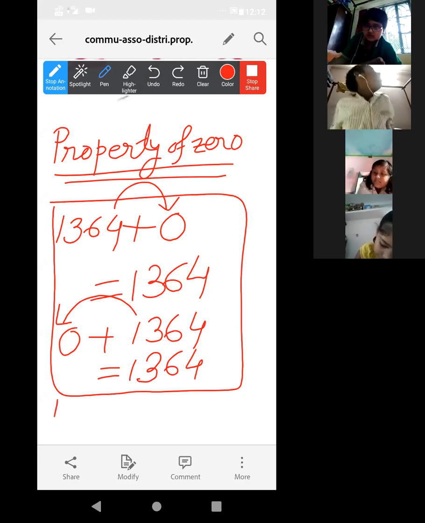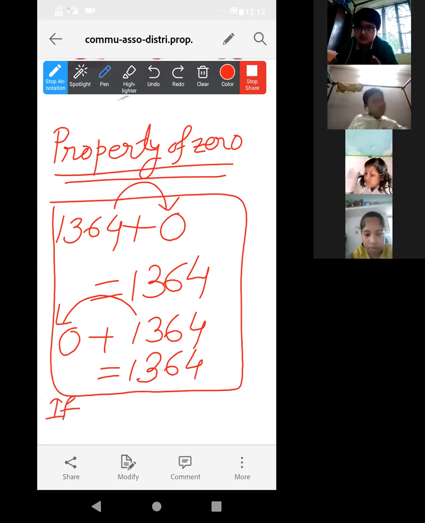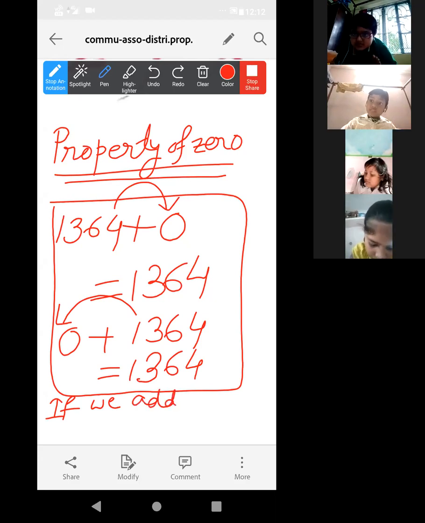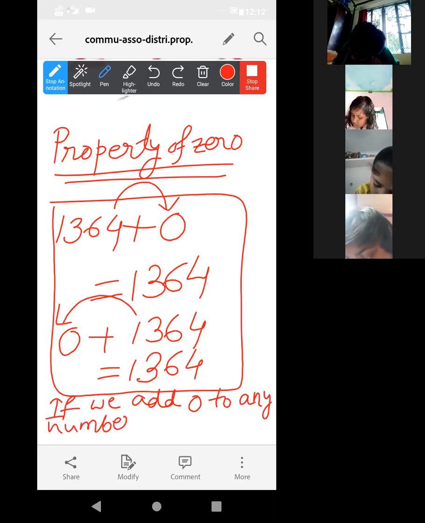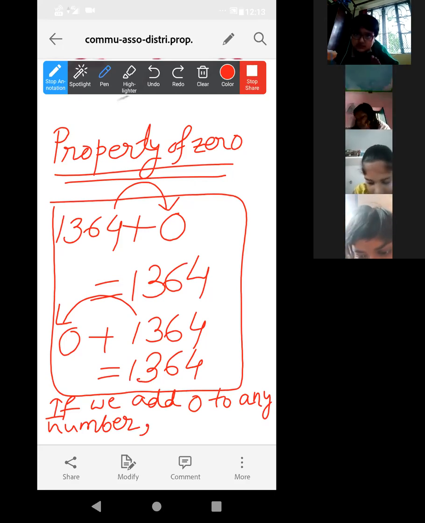After that, write: if we add 0 to any number, then the resultant value will be the number itself.